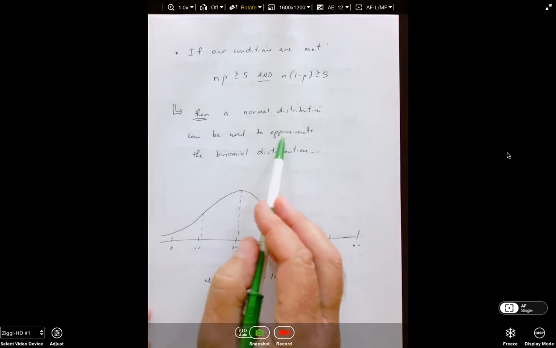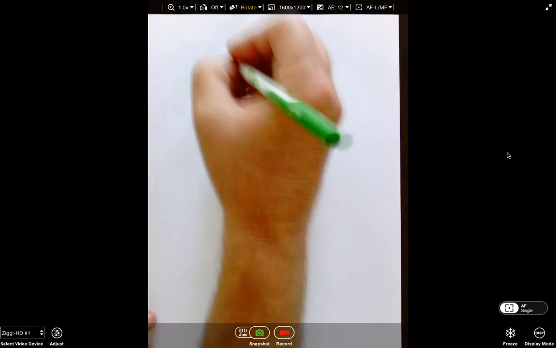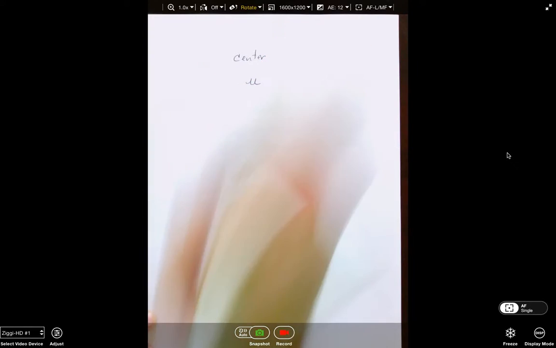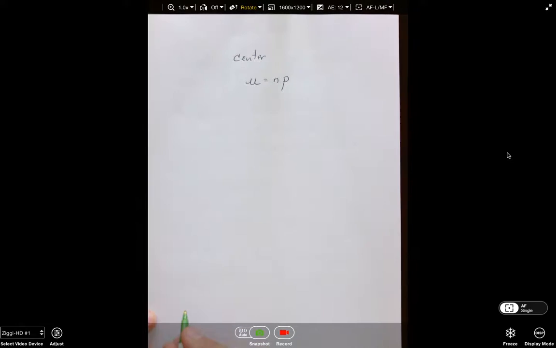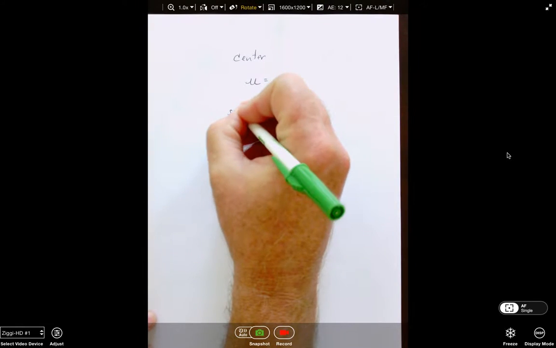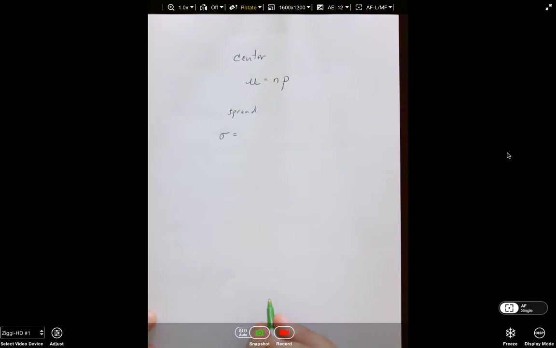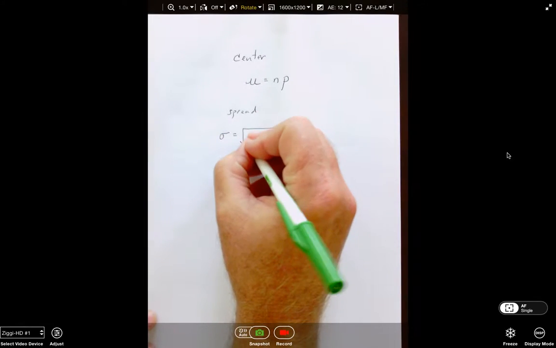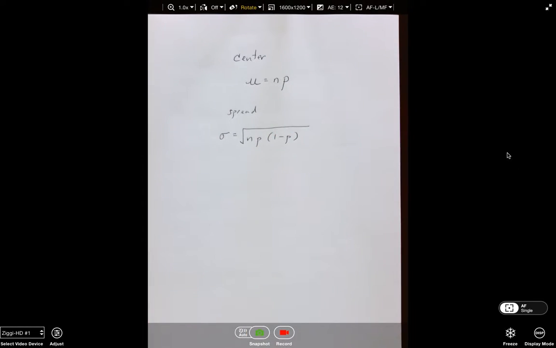So to approximate this binomial distribution by a normal distribution, we have to know what the center and spread are. Well, it turns out the center for this type of distribution is the mean mu, which can be found by taking n times p. The spread of this normal distribution can be described with the standard deviation, and this is given as the square root of n times p times 1 minus p.